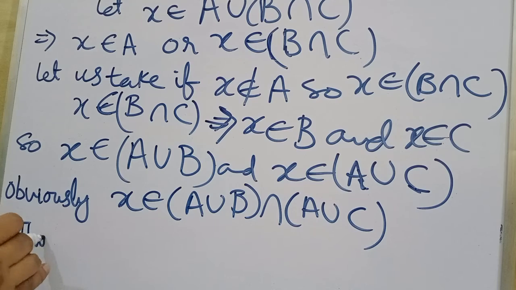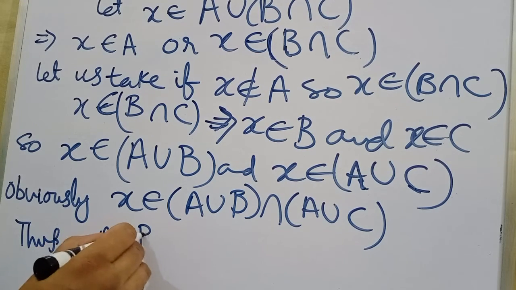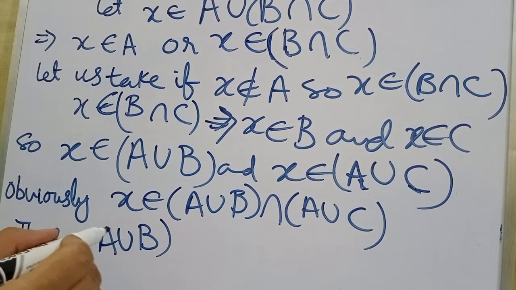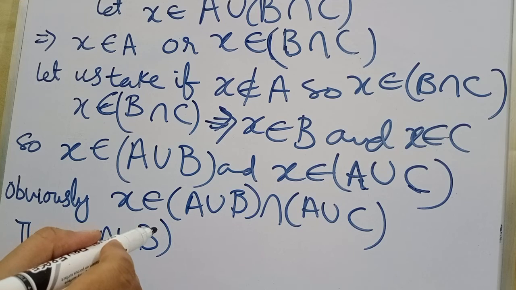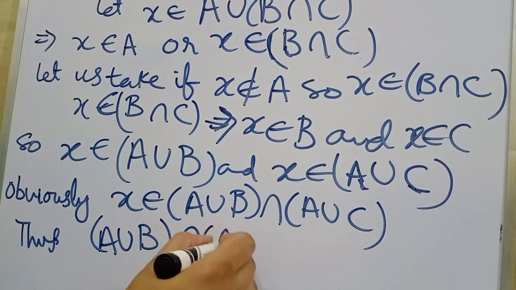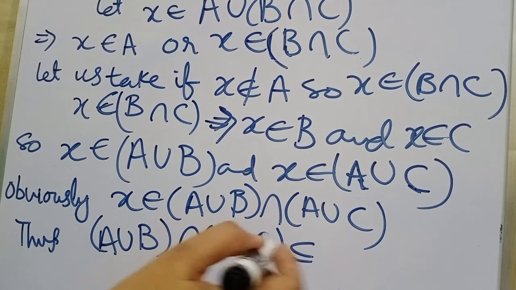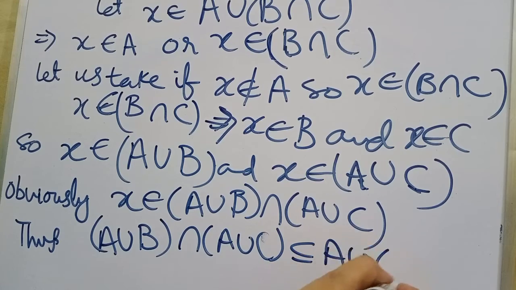Thus, (A union B) intersection (A union C) is a subset of A union (B intersection C).